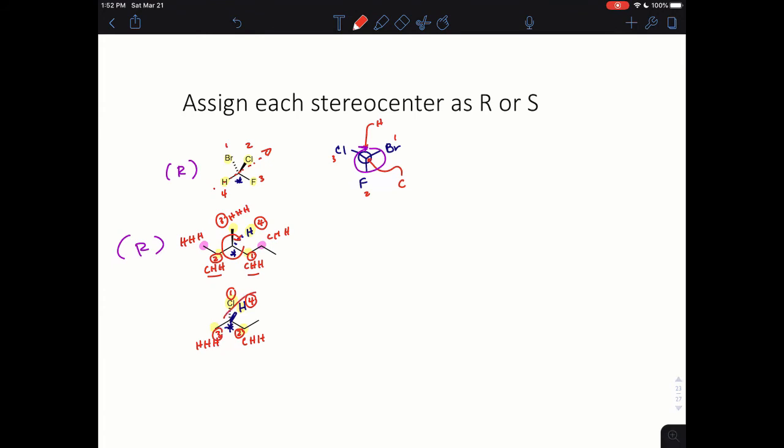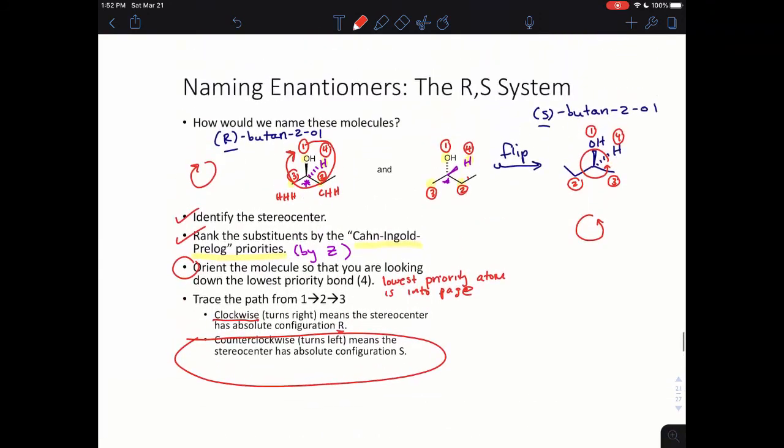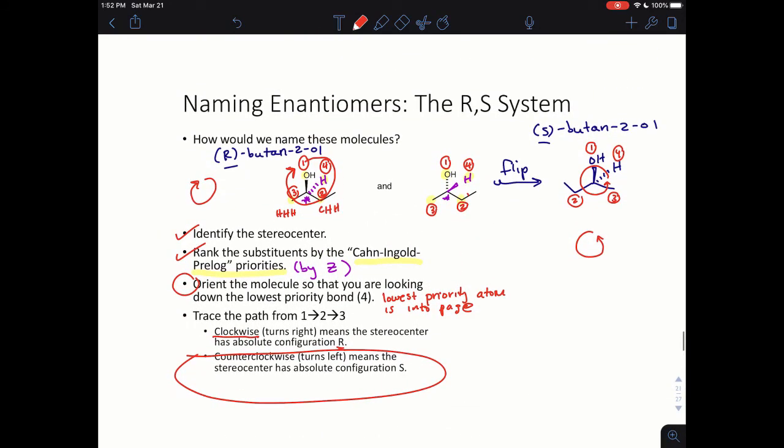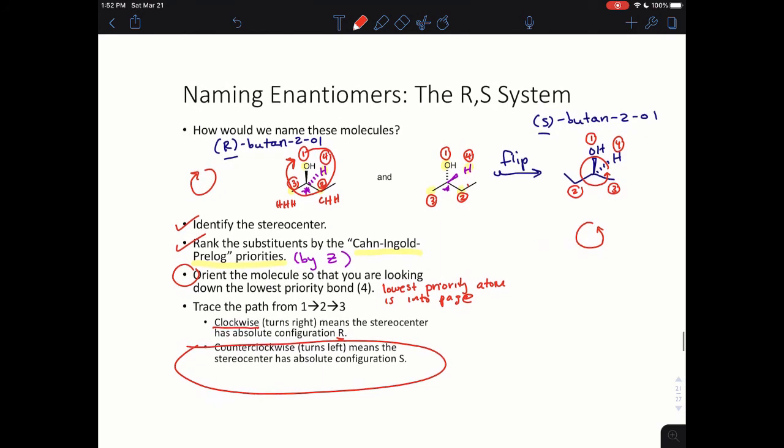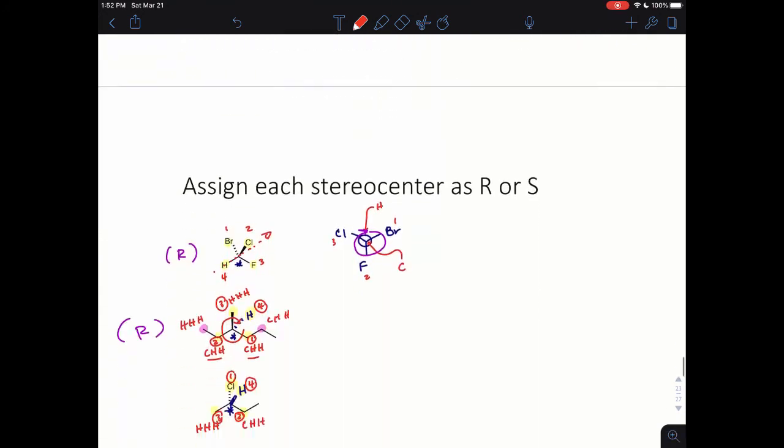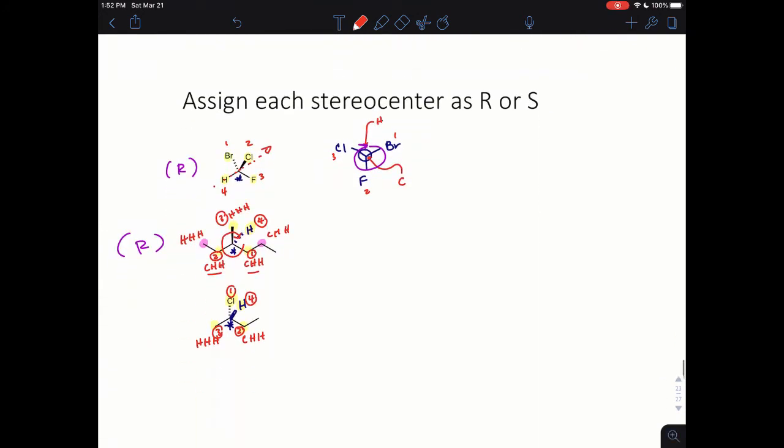Now, you can see we are not looking down the lowest priority bond. So in the previous example, when that was the case, I had to flip it over, right? We flipped it until we were looking down the carbon group 4 bond here. Well, guess what? You don't actually have to do that. This is what you do, so you don't have to deal with that. What you want to do is trace the path.